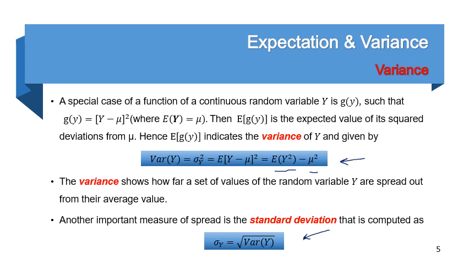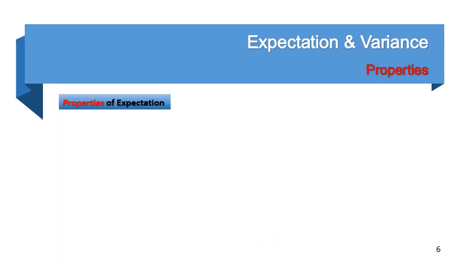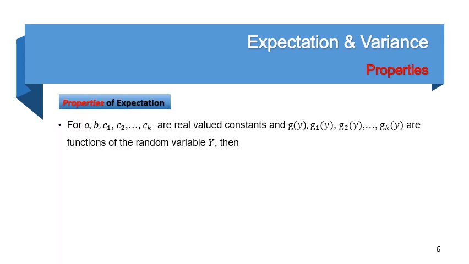So the standard deviation, again, is just the root of the variance. Now, this is a reminder again of the properties for the expectation. If we have a constant, the expectation of a constant is the same constant.